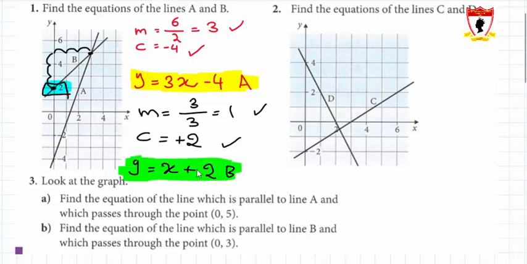Similarly, we can get the equation of line C and D. Let's work on line C here. For line C, the gradient, I'm going to mark this point here and this point because these 2 points have easy coordinates. For example, I cannot mark a point here because I don't know exactly what the coordinate of this point is.